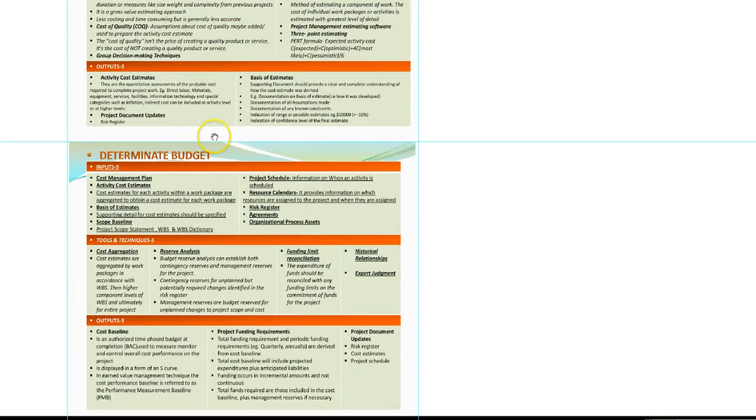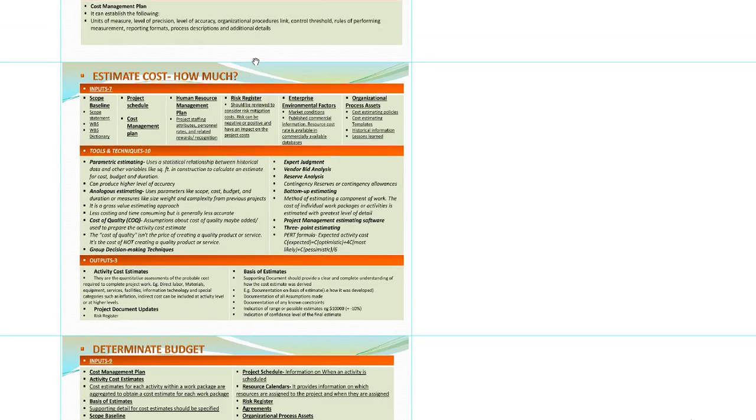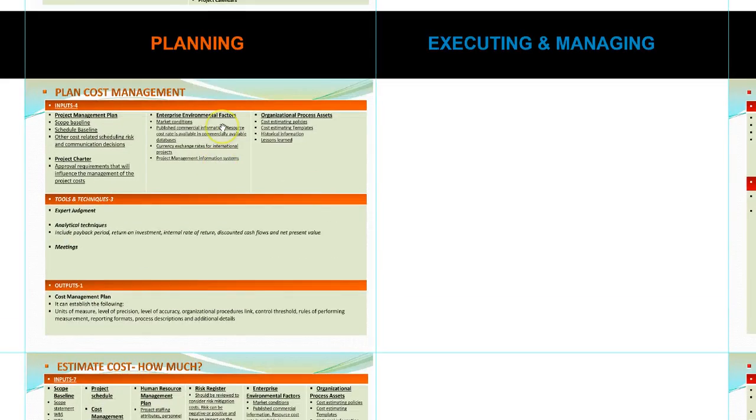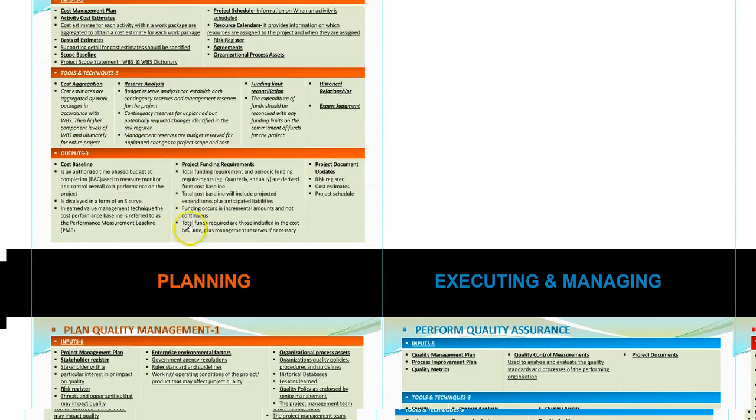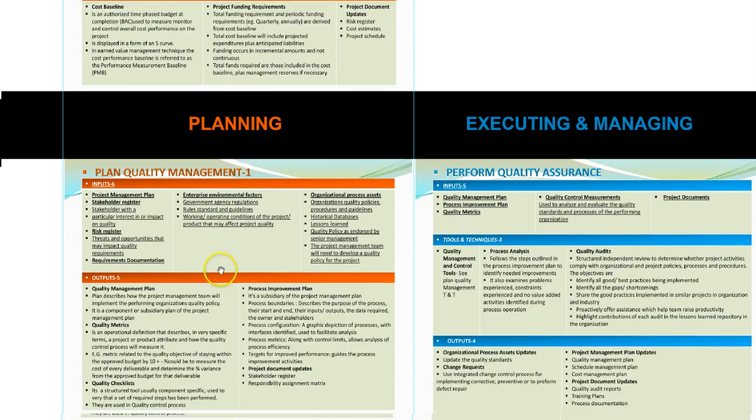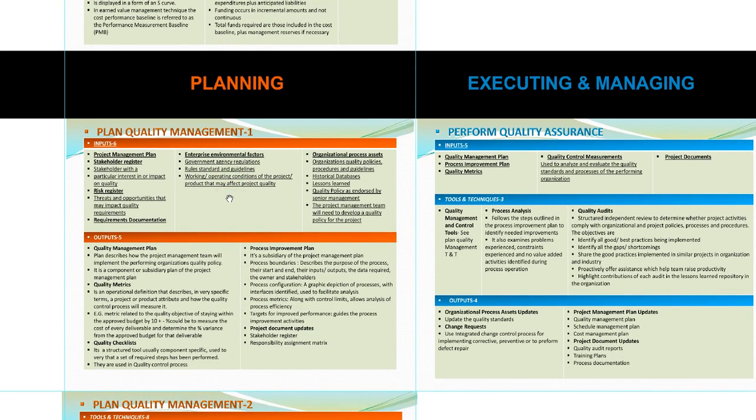They added plan cost management, which wasn't there before. And I think they added a couple more, but I'm not sure which, but they added 4 planning processes from the previous one.